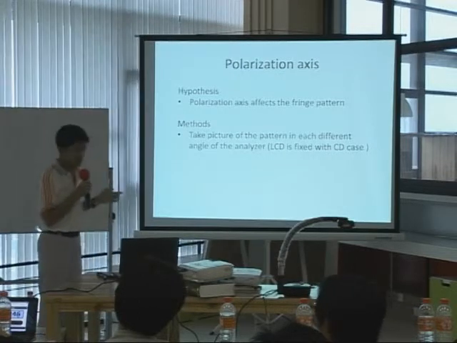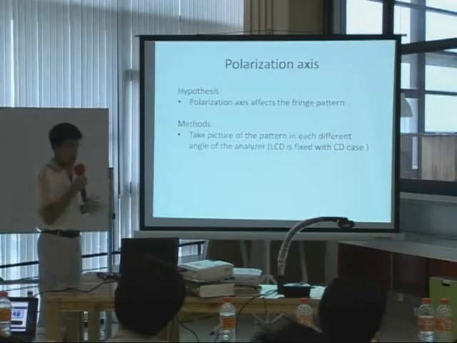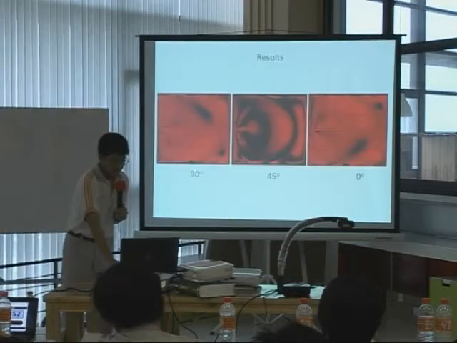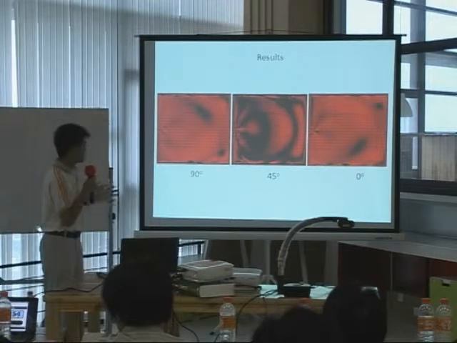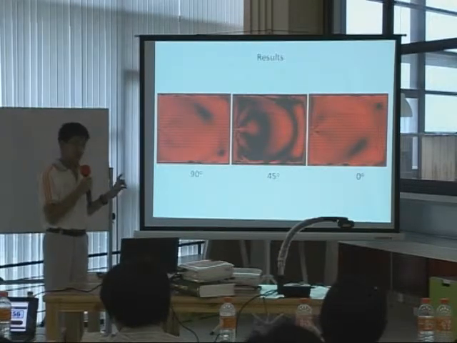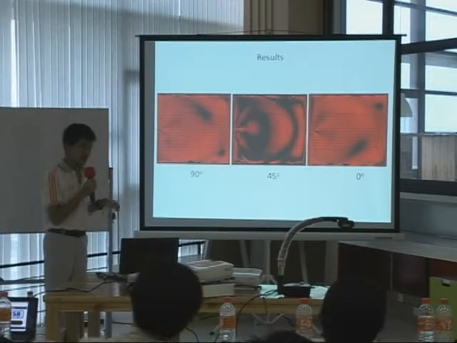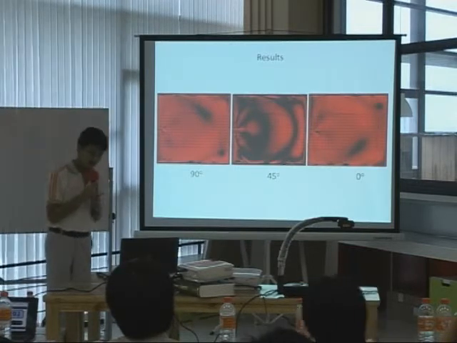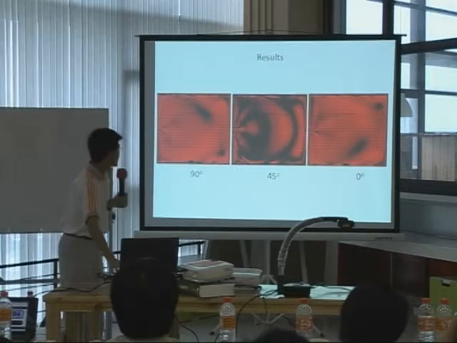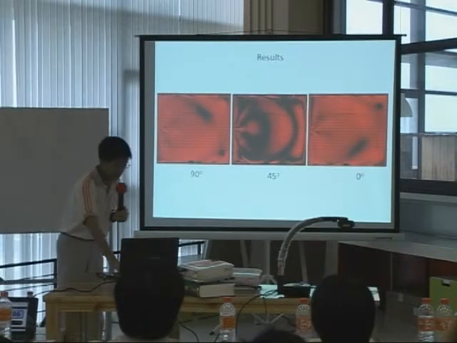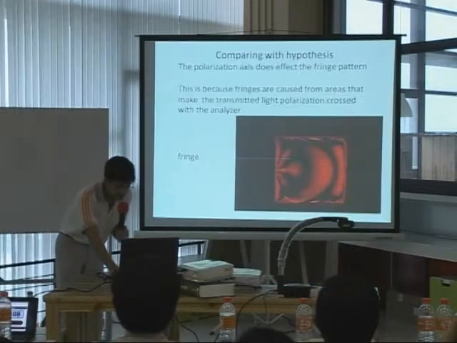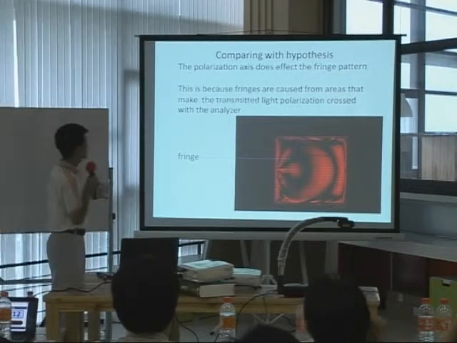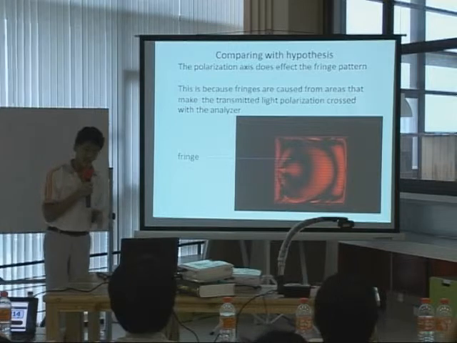Experiment 1, polarization axis. Hypothesis: polarization axis affects the fringe pattern. These are the results. You can see from different angles of the analyzer, which causes a difference in polarization, there are different patterns. See, the dark spots are not the same position. Comparing with the hypothesis, yes, the polarization axis does affect the fringe pattern.